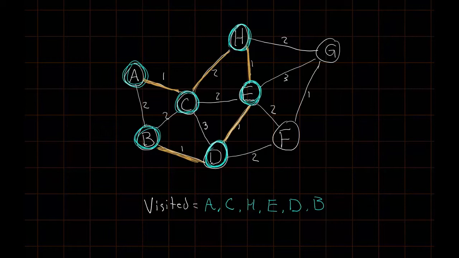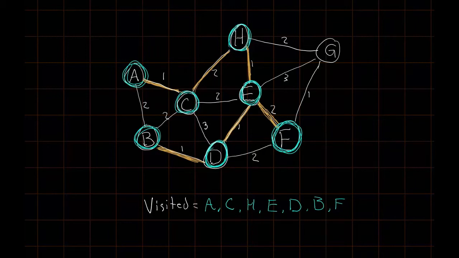The connection from D to F or E to F or H to G are all going to be the same. So let's pick this one. Doesn't matter which one you pick right there. There are multiple minimum spanning trees to a graph, usually.